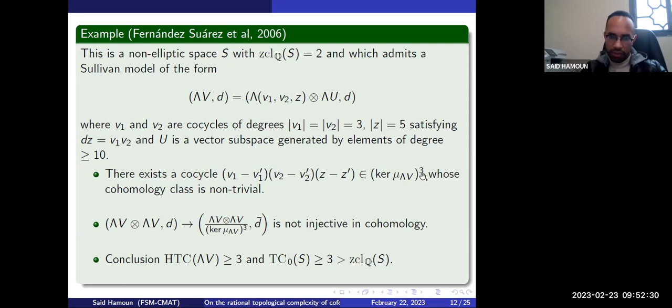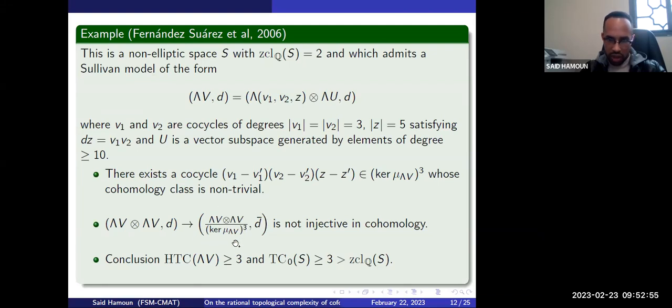And we can check that its cohomology class is non-trivial. Then we have here an element which is a cocycle in the kernel of mu lambda V to the power 3 with non-trivial cohomology class in this algebra here.